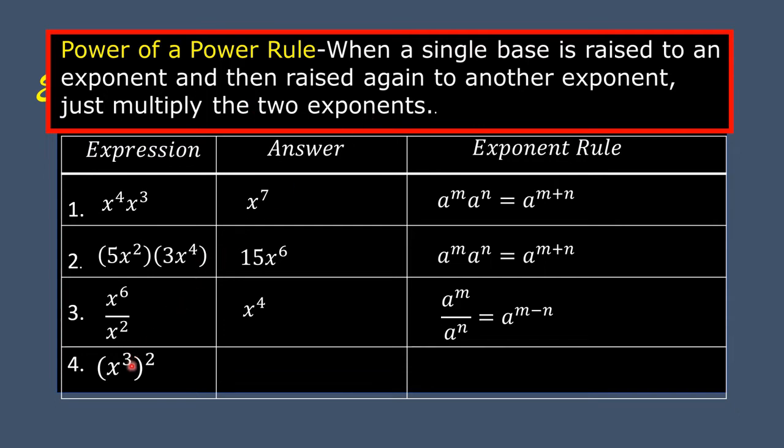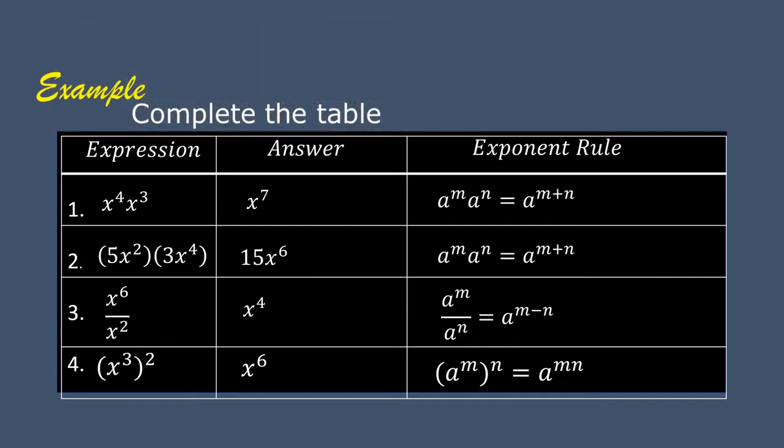So we just multiply 3 by 2. 3 times 2 is 6. So our answer is x raised to the exponent of 6. The exponent rule in symbols is a raised to the exponent of m and then raised again to the exponent n is equal to a raised to the exponent of m times n.